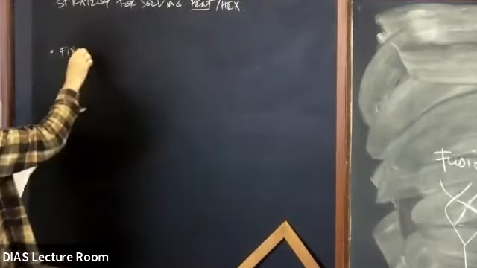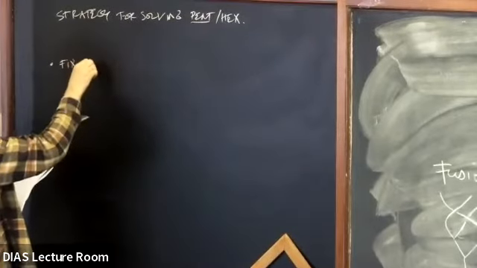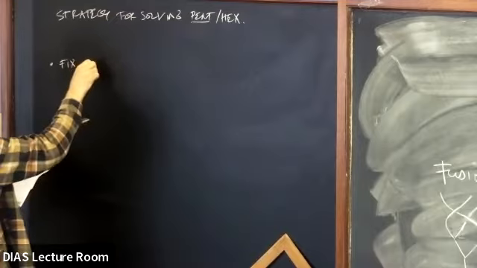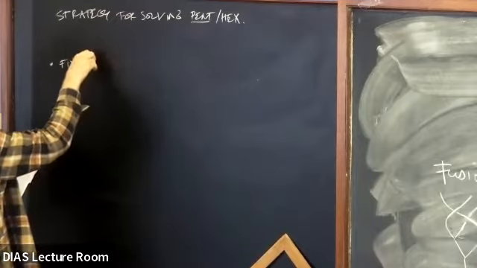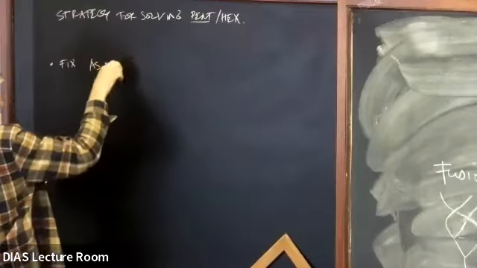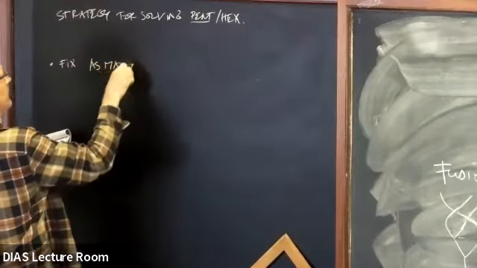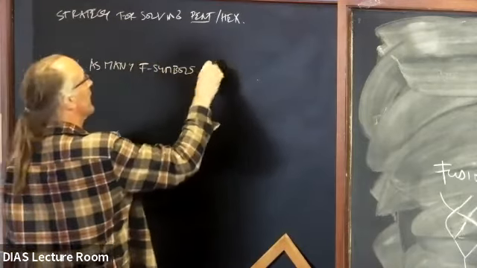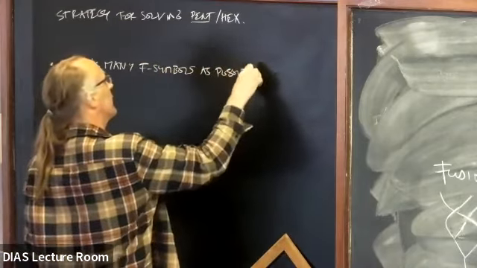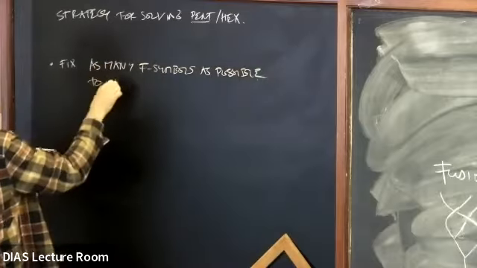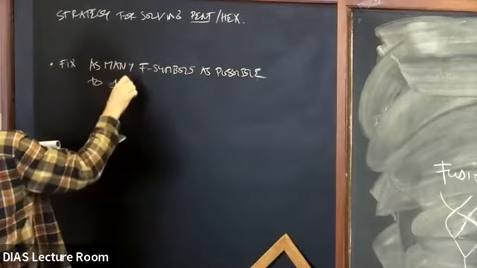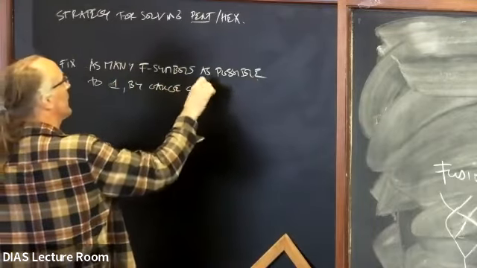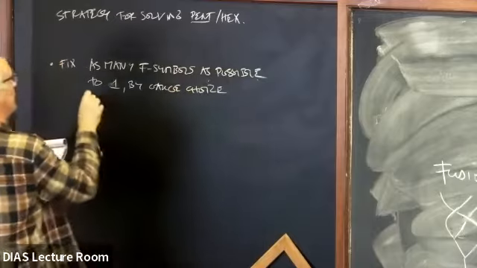I don't want to talk about hexagon, but it's the same idea. So we fix as many F symbols as possible to be equal to 1 by a gauge choice until you exhaust the gauge.